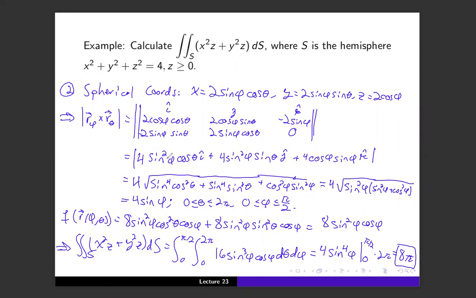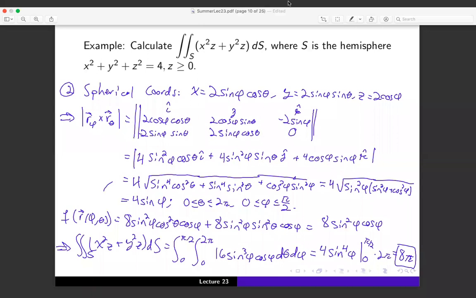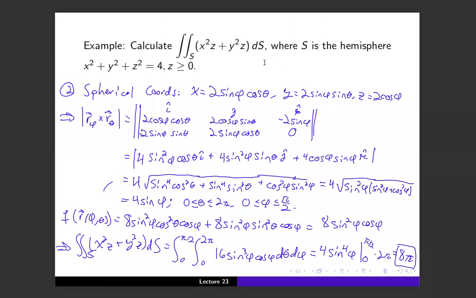Sorry about this, but the point is, these are two different ways of solving this problem. You can either use spherical coordinates, or you can consider S to be a graph. Either of these is a perfectly valid way of solving this problem. So I'll move on for now and not continue to embarrass myself with whatever is going on here, but I will upload the slides for this and then figure out what went wrong.